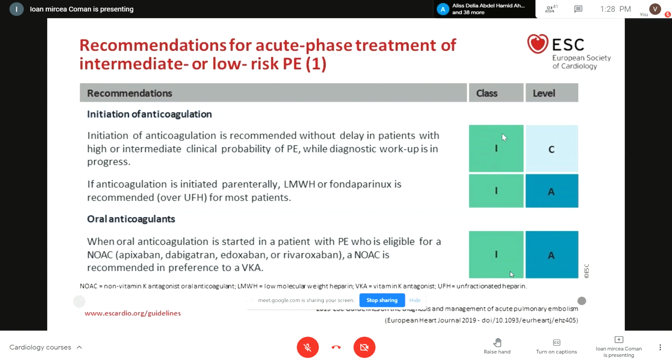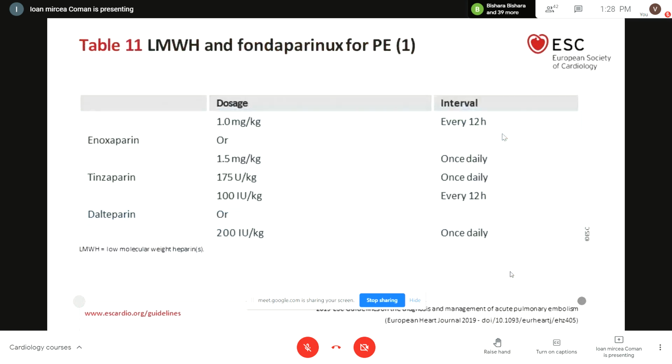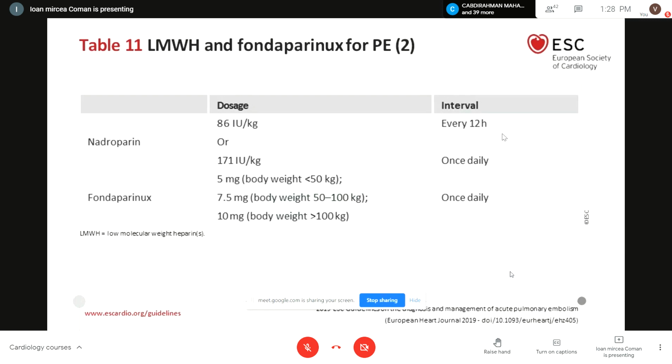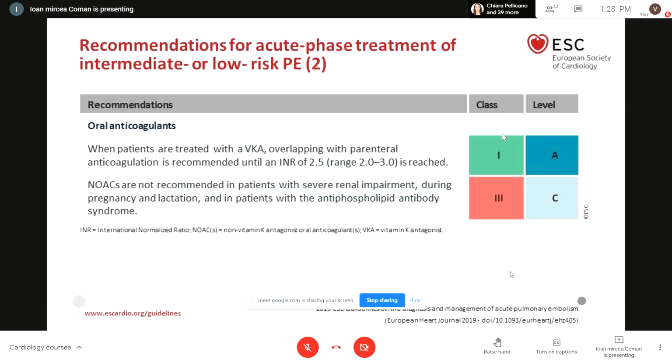But there is now also experience with new anticoagulants: apixaban, dabigatran, edoxaban, which is not available in Romania but is elsewhere, and rivaroxaban. So both can be used in these conditions. You see here the dosage, and you can find it also in the guidelines.